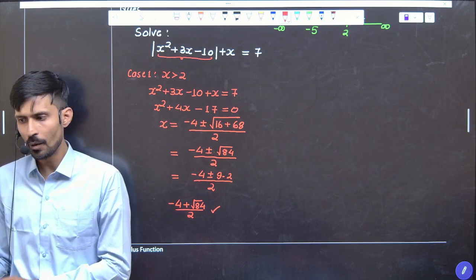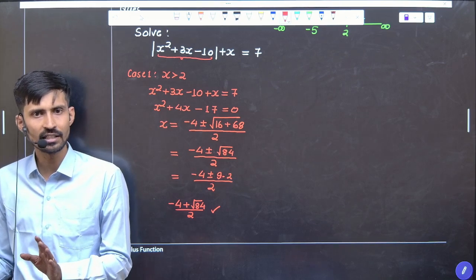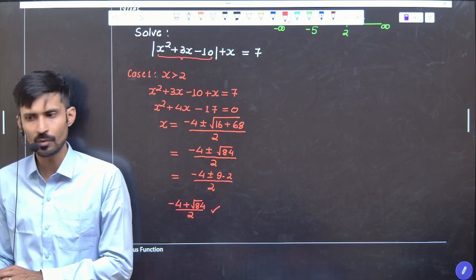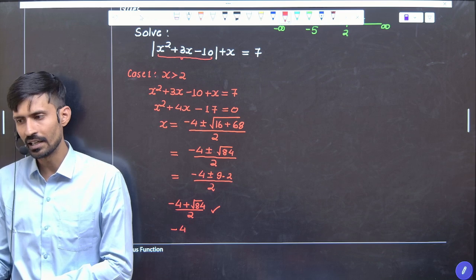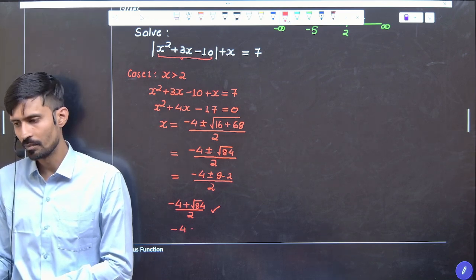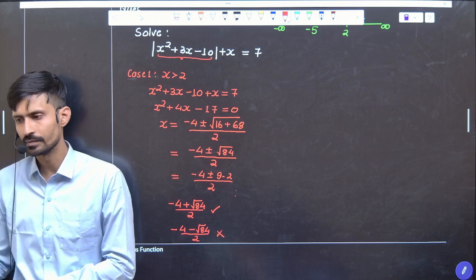Yes or no? Now minus 4 minus 9.2, minus 13.2 divided by 2, minus 6.5. Will that satisfy? No. Negative number is not greater than 2. Minus 4 minus root 84 by 2 will not satisfy.